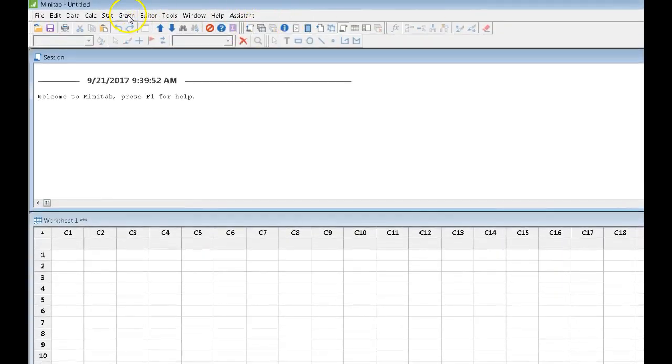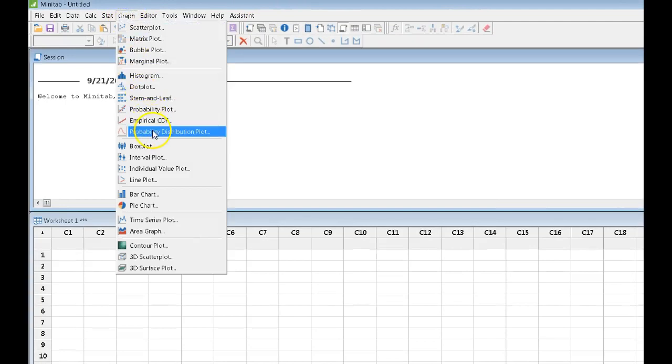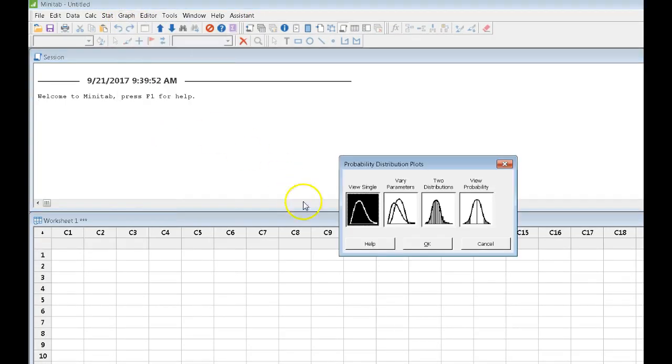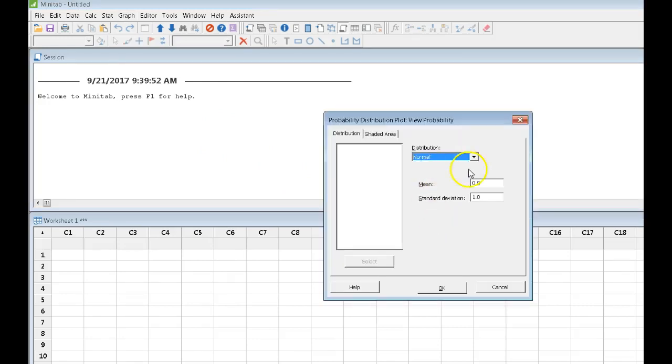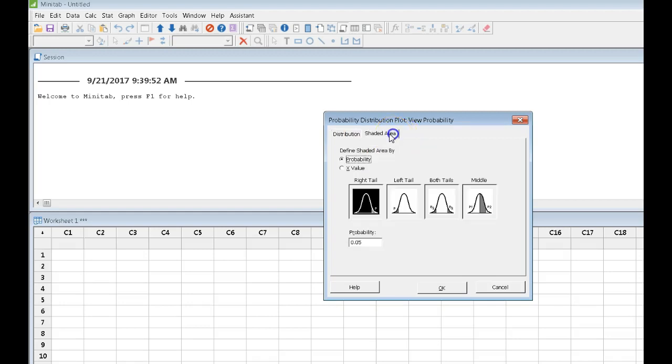All right, now we can get Minitab to do this in a flash. I'm going to the Graph tab, Probability Distribution Plot. This will show me area under the curve, View Probability, say OK. If I don't change anything, Minitab's going to use the standard normal distribution, in which case I'm going to give it a z.